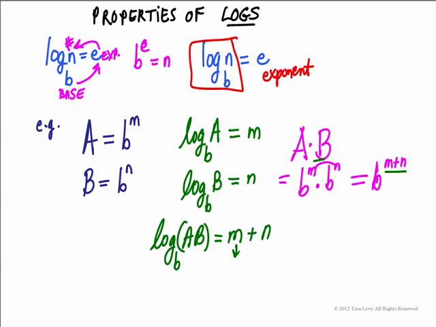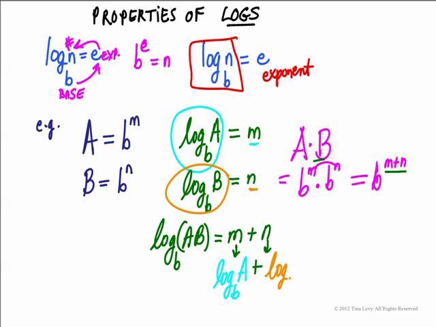But I know that m is log a base b. So I can replace m with this log. I can write log base b of a. And now I see that n is the exponent of b.